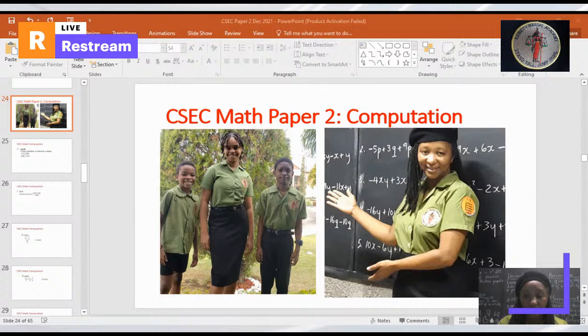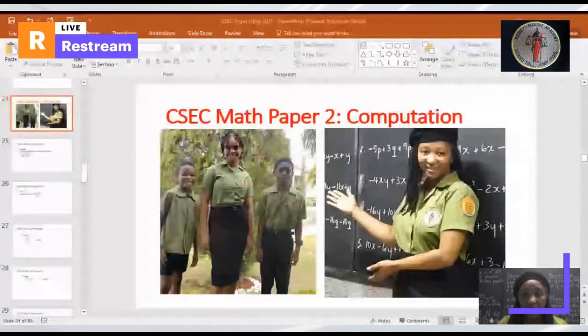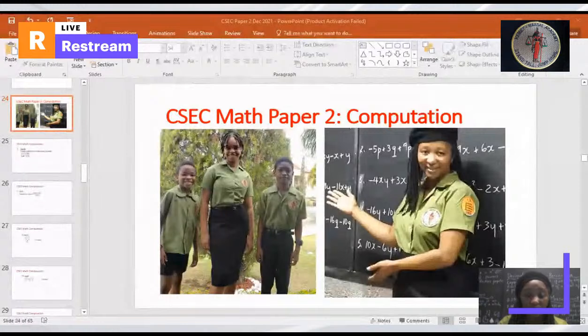The very first question, maybe question 1, perhaps question 2, but definitely question 1 is usually based on computation, and it has to do with being able to manipulate the basic operations of arithmetic, manipulate fractions, working with decimals, manipulate rounding off, writing significant figures, standard form, square root, squaring numbers, all of that good stuff.